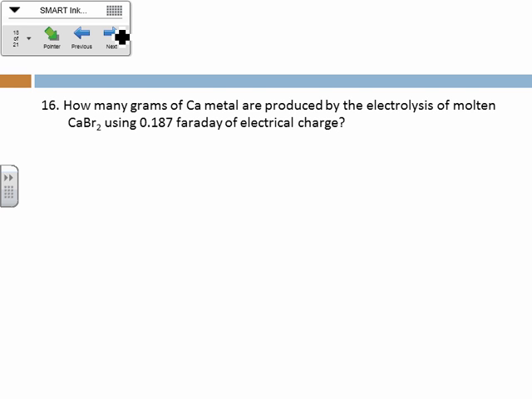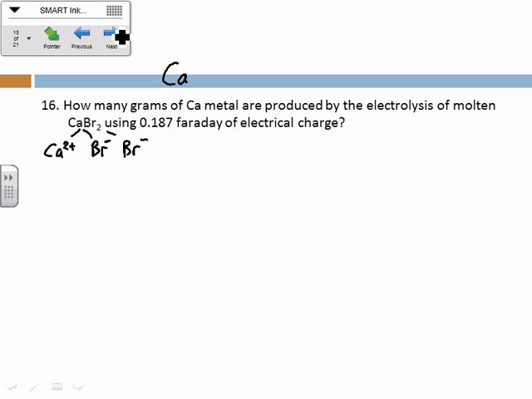Okay, how many grams of Ca metal are produced by the electrolysis of molten CaBr2 using 0.187 faradays of electrical charge? Okay, that's interesting. So again, balanced chemical equation is what we're going to start with here. Alright, so we've got calcium. CaBr2 is going to have dissociated at this point because it's a molten solution of it. So we've got Ca2+ and technically two Br minuses when this thing dissociates.